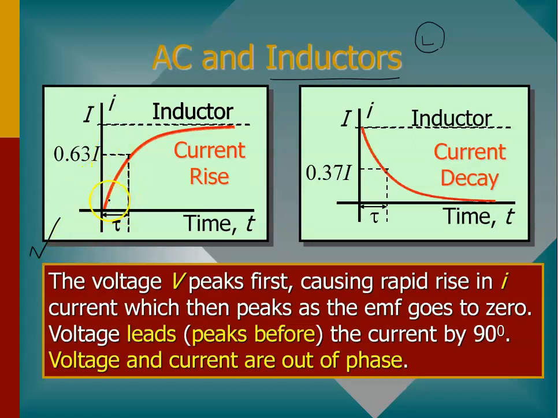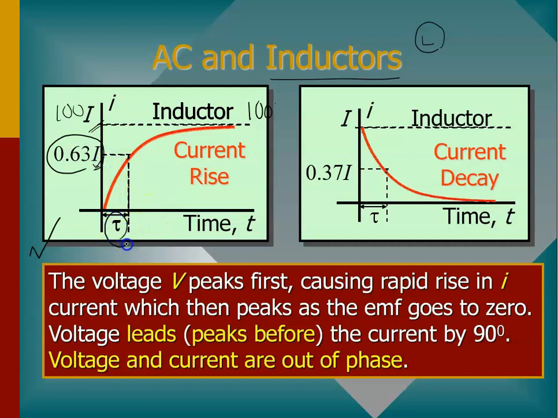You can see that the inductor requires time to fill to 100% of the current, which is the I maximum. When the value of the current inside the inductor reaches 0.63 times the I maximum, we call the time required to reach this number the time constant.